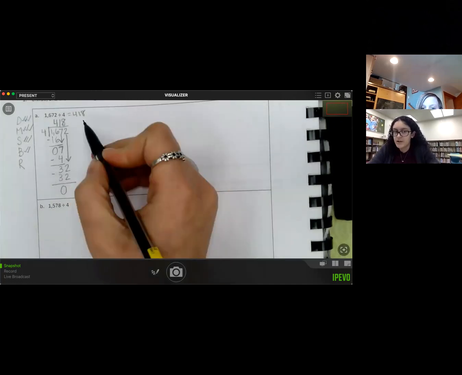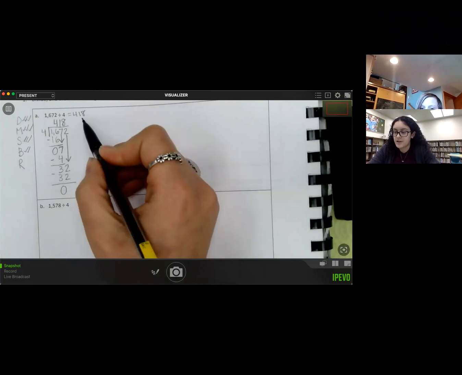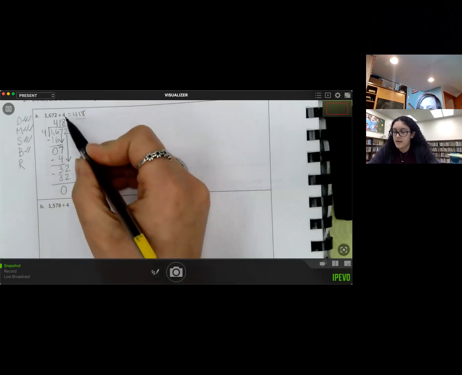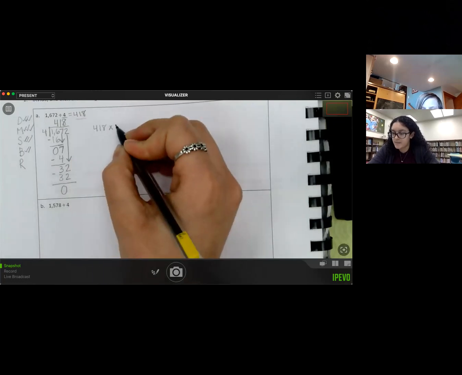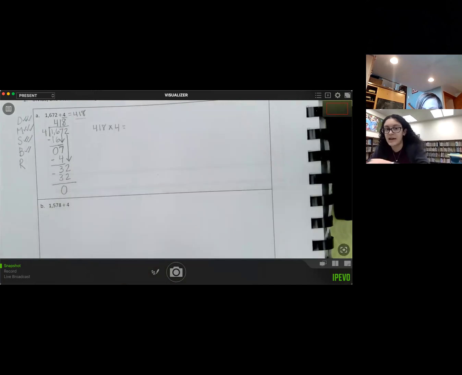So to check our work, we always want to start with our quotient and multiply by our divisor. I'm going to use my calculator to check.